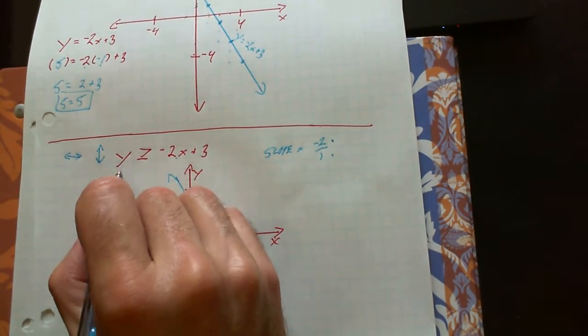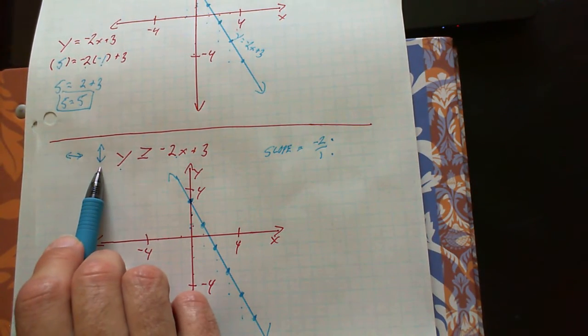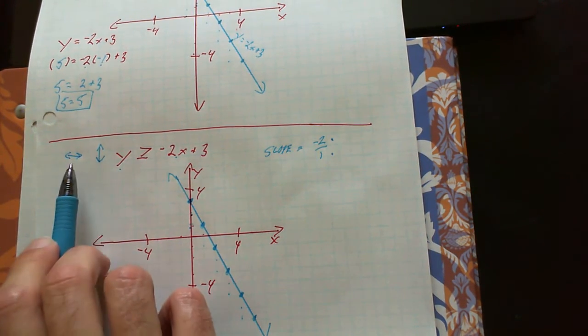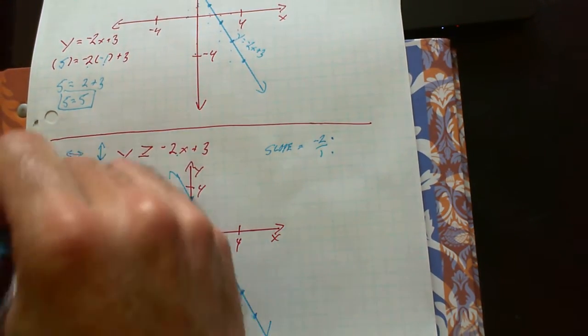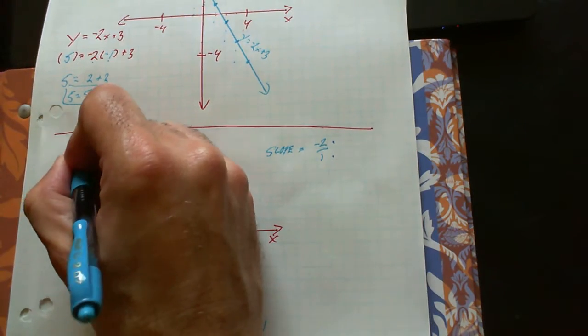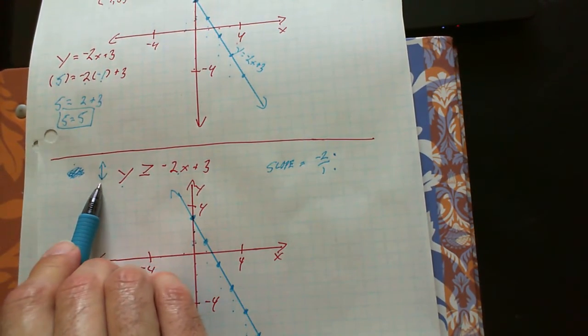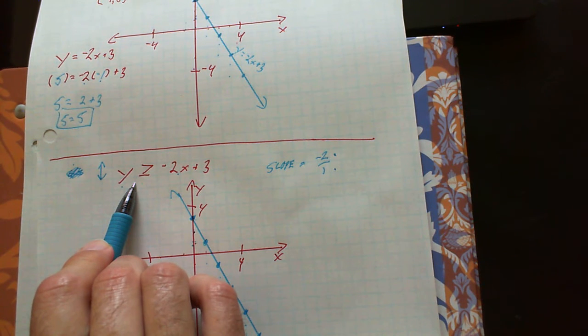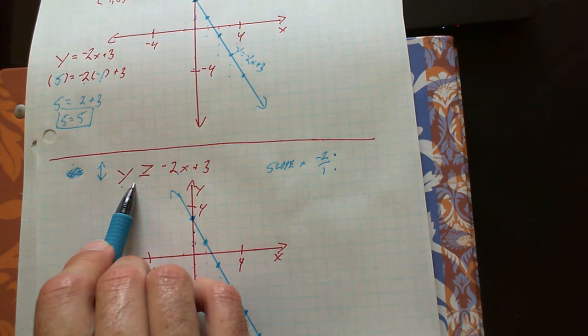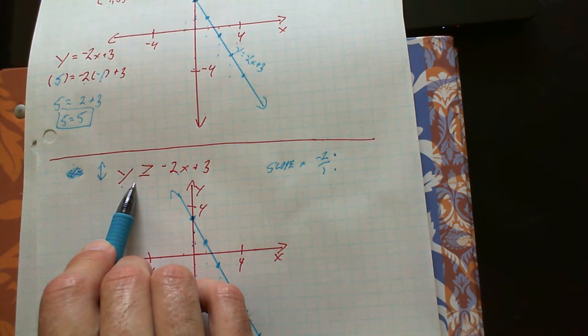Does y generally make us think about up and down or left and right? Yes, y is up and down, or y-axis, y is up and down. So let's get rid of that left and right. It's also saying y is greater than. If y is bigger, and you're thinking in terms of up and down, are you going to shade up or are you going to shade down? If it's bigger, what do you think?